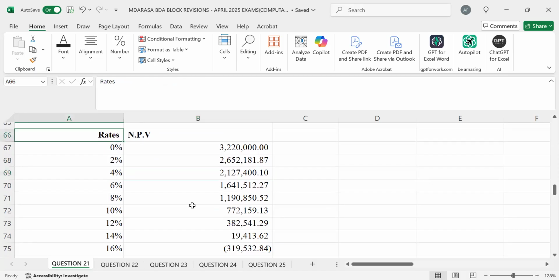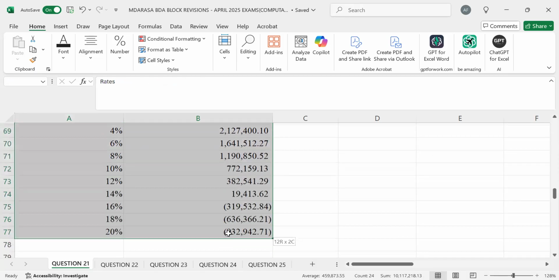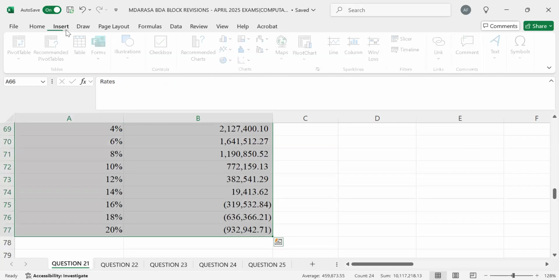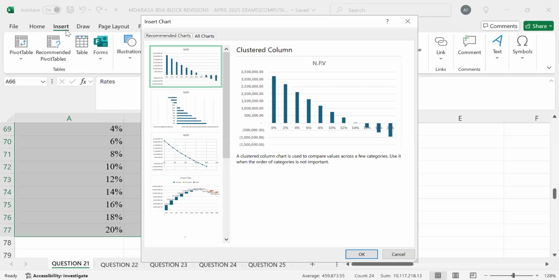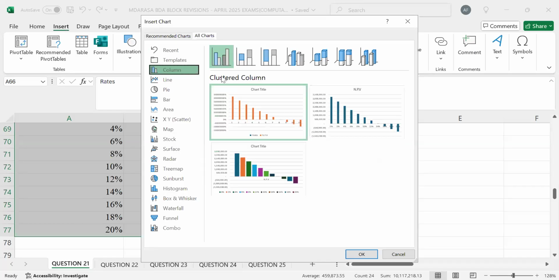So we take this, insert, recommended chart. In this case, we can use the line chart.